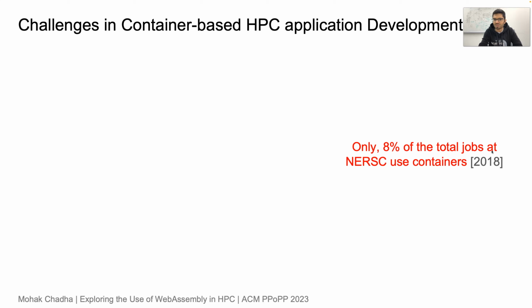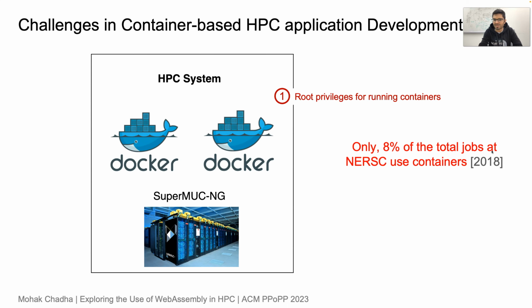Let's look at some of the challenges in container-based HPC application development. So one of the biggest challenges is that for executing containers, most containerization solutions require root privileges, which are not possible for HPC systems due to shared file systems.